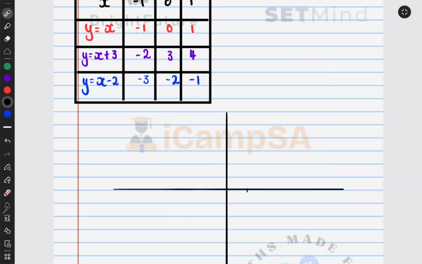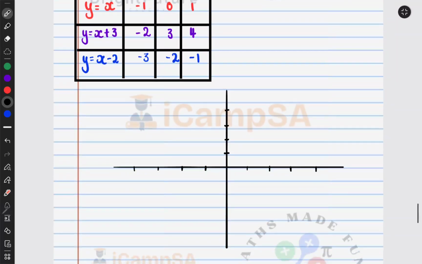Gonna have 1 2 3 4, 1 2 3 4. These are your axes, and then we have 1 2 3 and 4. These are your y axes. Negative 1, negative 2, negative 3, negative 4, negative 1, negative 2, negative 3, and negative 4.